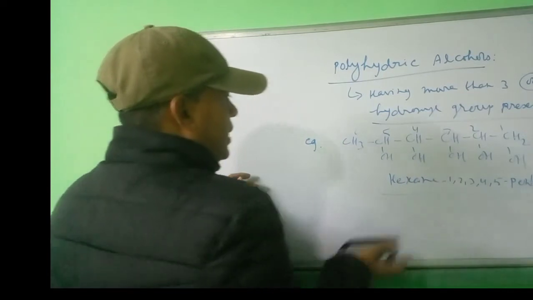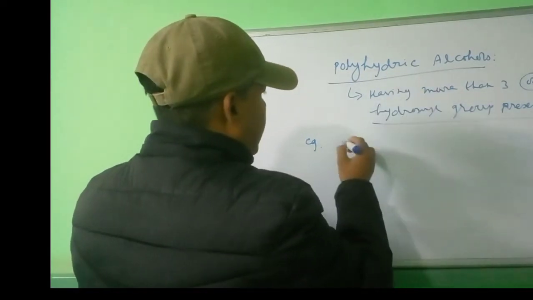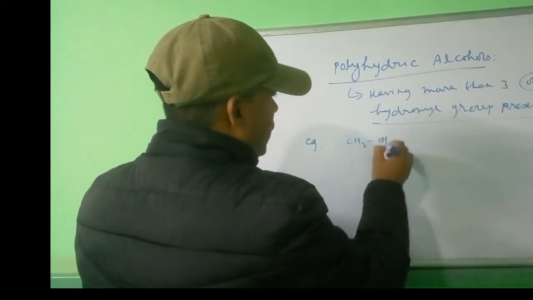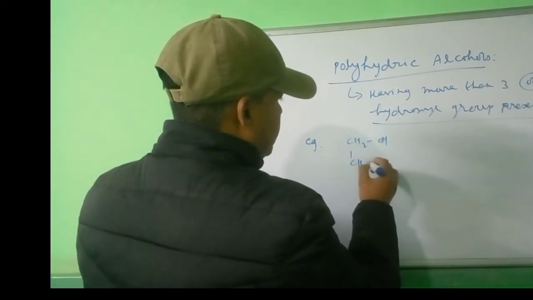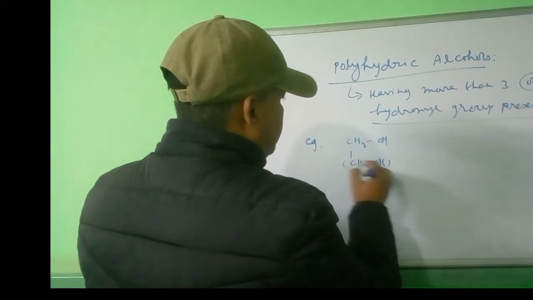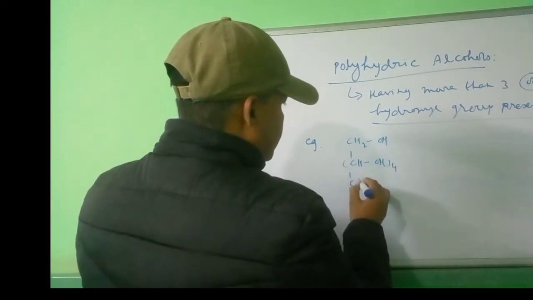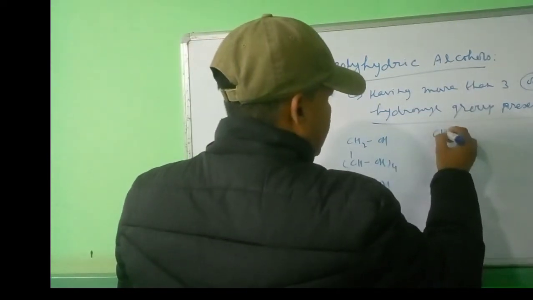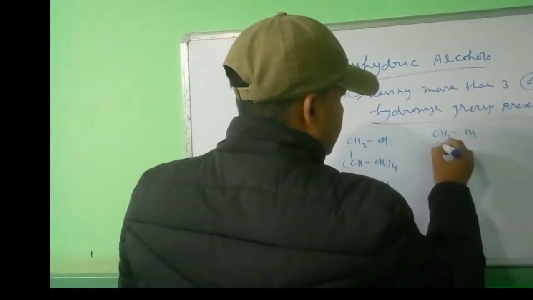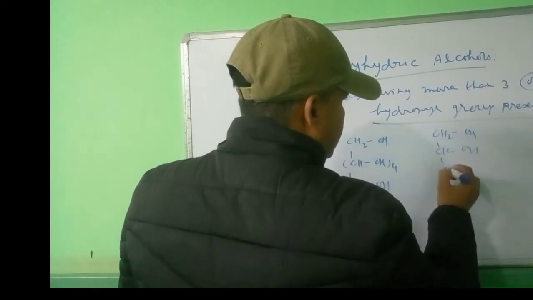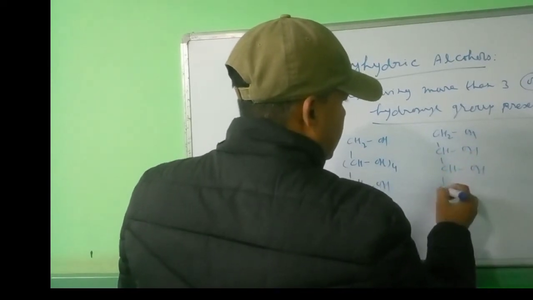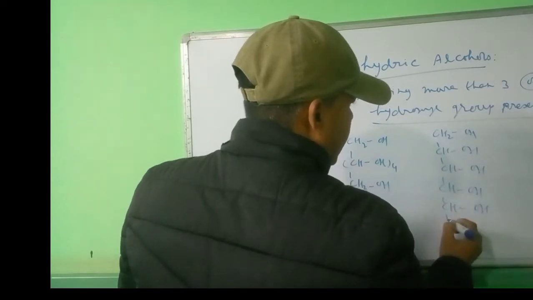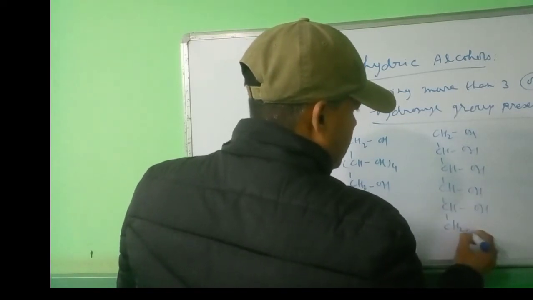Now in the next example, the polyhydric alcohol is like this: CH2OH, CHOH in bracket 4, then CH2OH. So you can write this compound like this: CH2OH, CHOH, CHOH, CHOH, CHOH, and CH2OH.